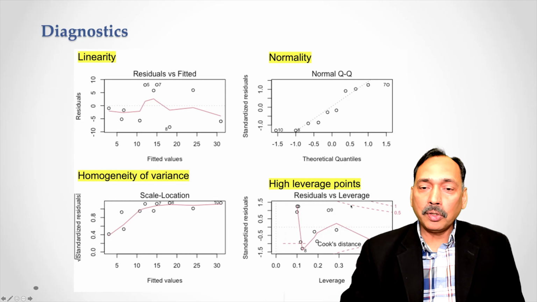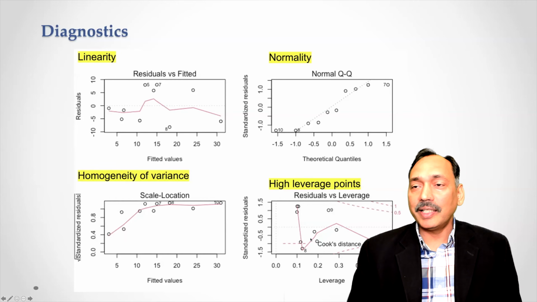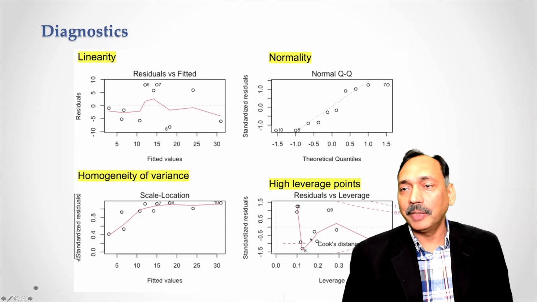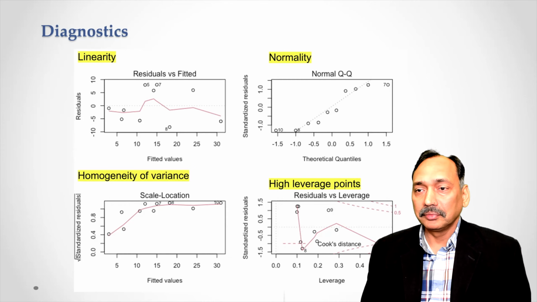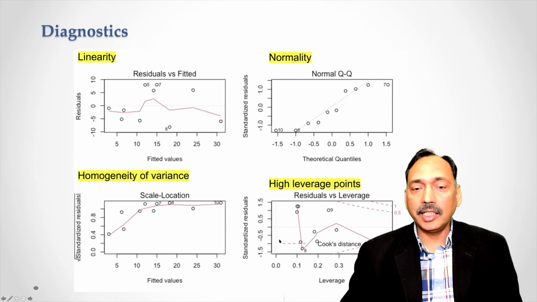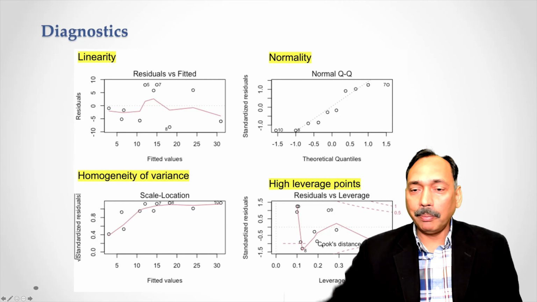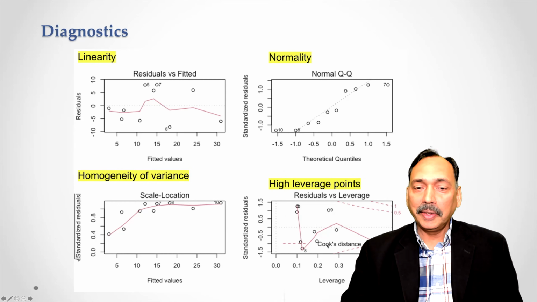So those lines are here. This is just saying that dotted line means Cook's distance. Okay, thank you. Yeah, this is actually not part of the plot. It could have been kept outside, but it just says that dotted line means Cook's distance.